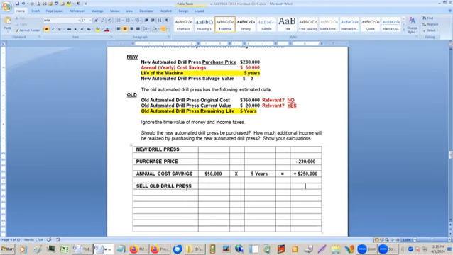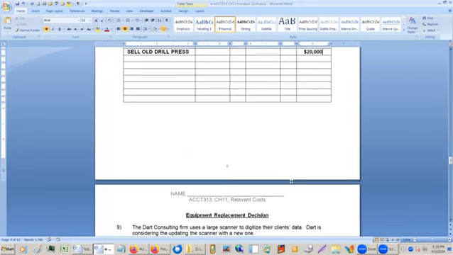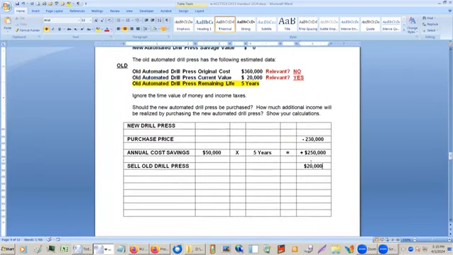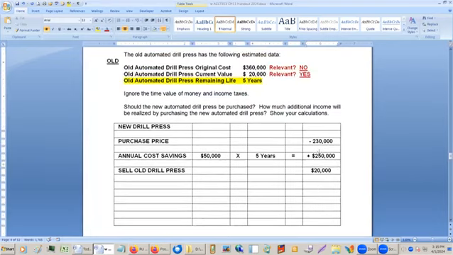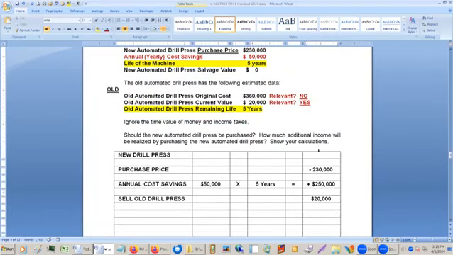And we can get $20,000 for the thing, plus or minus. So if we sell the old drill press, is that going to add to our cash or subtract it? Yep. Very good. Add it.